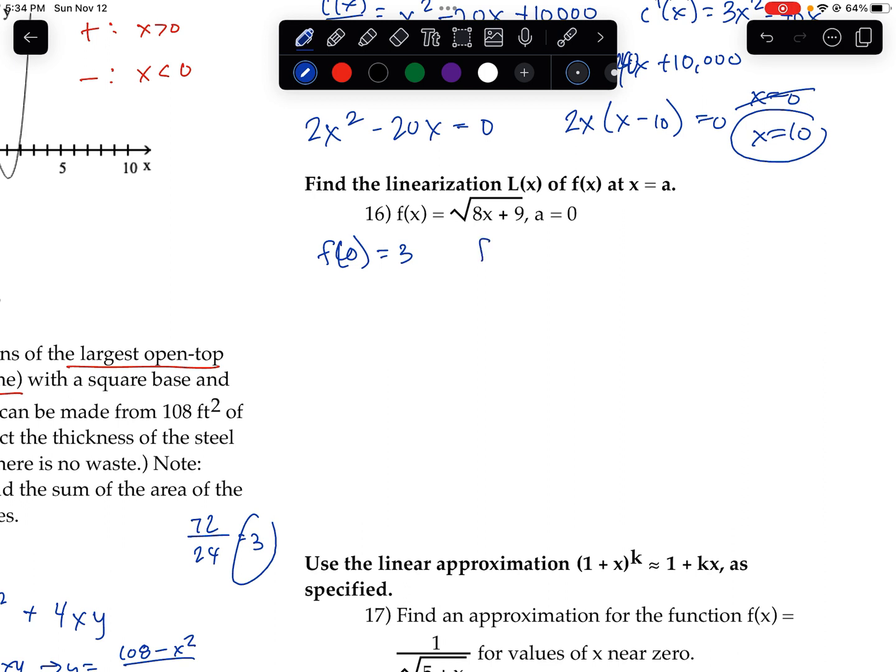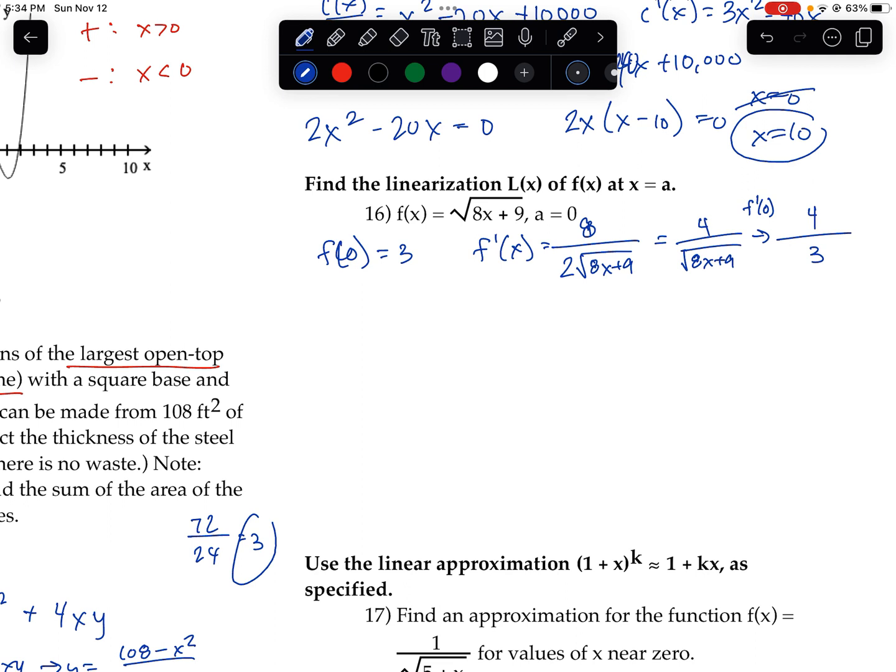Let's do f prime. F prime of x will be equal to 8 over 2 square root of 8x plus 9, which is equal to 4 over the square root of 8x plus 9. And if I plug in 0, so f prime of 0, this will give me the slope of my tangent line, so 4 over 3 is what it will be.